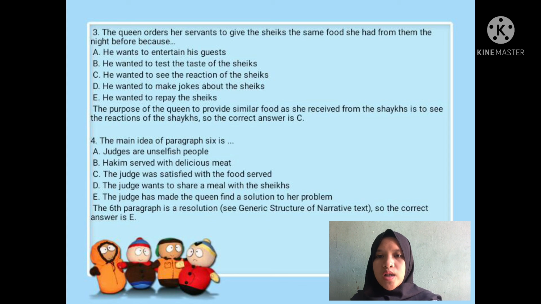D. The judge wants to serve a meal with the sheikh. E. The judge has made the queen find a solution to her problem. The sixth paragraph is a resolution, see the generic structure of narrative text. So the correct answer is E.